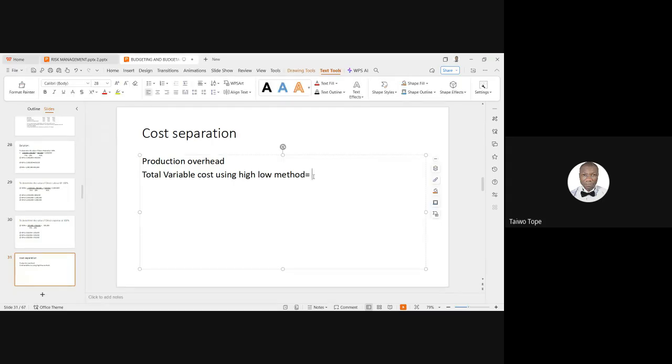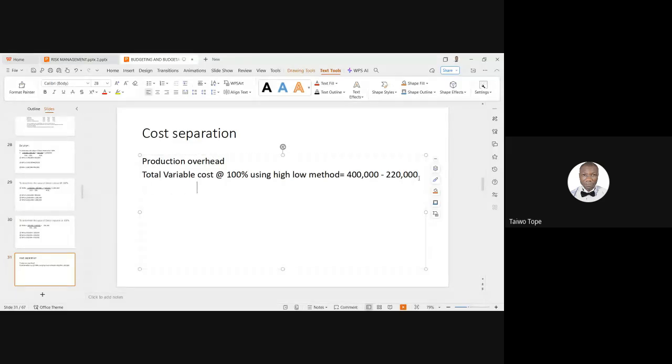We have 400,000 minus 220,000, divided by the total variable costs at 100%.